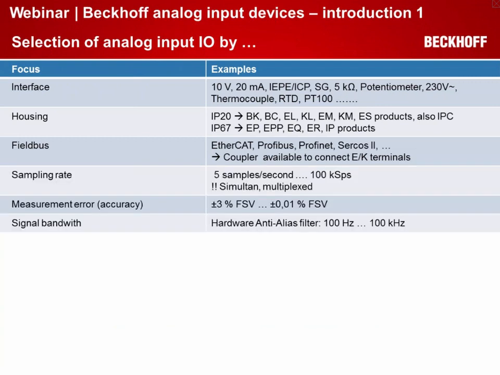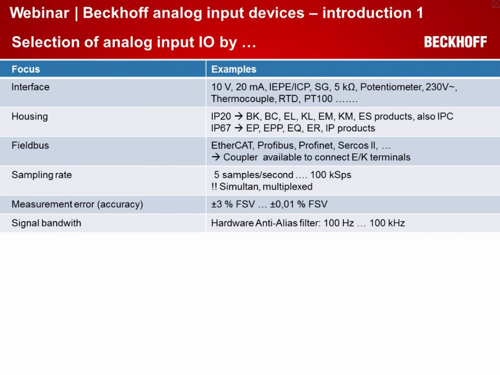From the analog side, there are questions about sampling rate and signal bandwidth. So you have to select from our devices if you need a very low sampling device or you need many samples per second. We offer devices up to 100,000 samples per second at the moment. And a following question can be if these analog inputs must be working simultaneously, so at the same time, or it should be multiplexed devices.